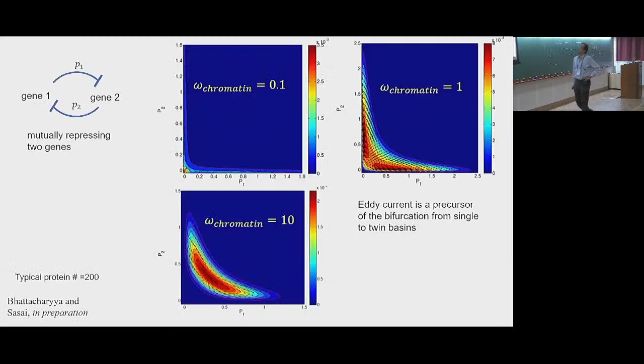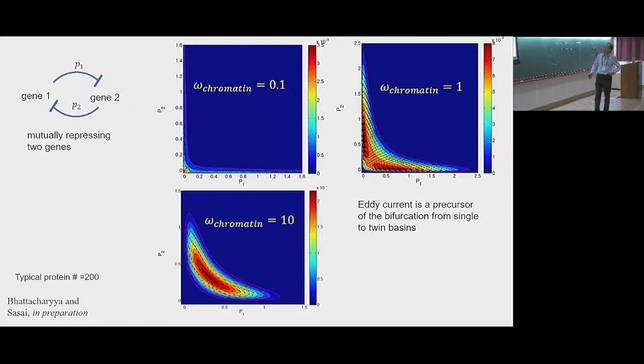Okay, so this is the case for the two-gene mutual repressor, as Mohit Jory talked about yesterday. So this gives the switching between two basins. We have two basins for the protein 2 concentration and protein 1 concentration.